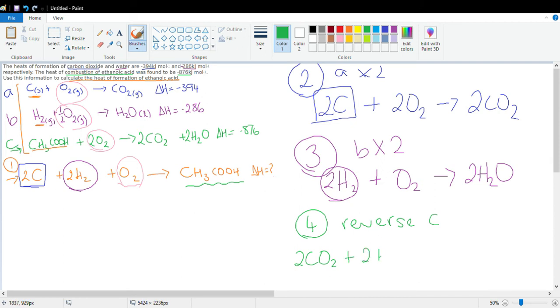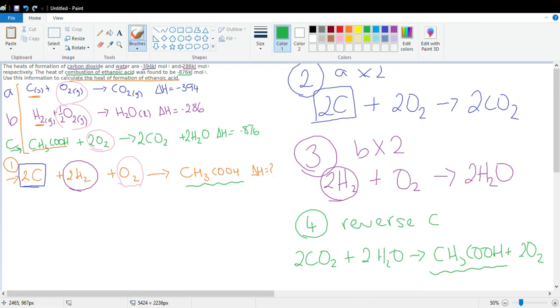So 2H2O plus 2CO2 gives me CH3COOH plus 2O2. And so now I've got my CH3COOH on the right hand side.